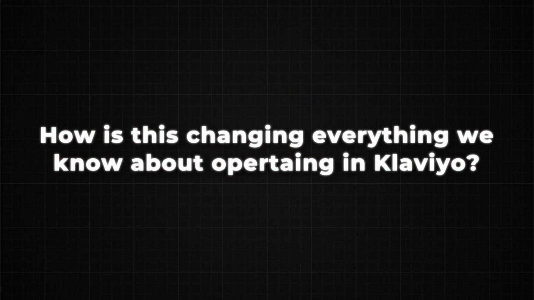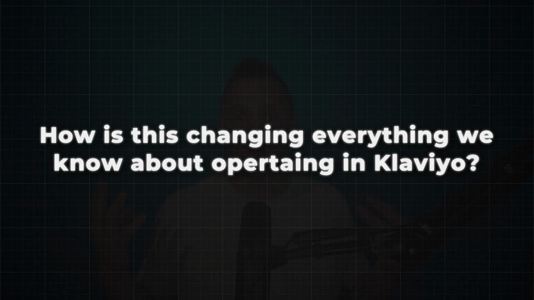So how is this changing everything that we know about operating in Klaviyo, from the old way to this new paradigm we're in right now? I want to compare the old way of what we've been using for the past decade plus with Klaviyo to the new way, and how you're going to start operating using Klaviyo with this Claude MCP server integration.